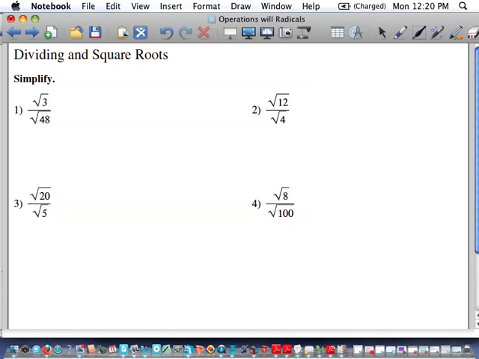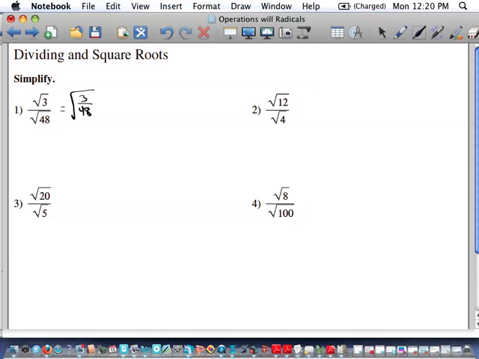So here I have the square root of 3 over the square root of 48. So I can apply the property. That gives me the square root of 3 over 48. You can put that in your calculator if you need to. And when you do that, you can convert it back to a fraction.